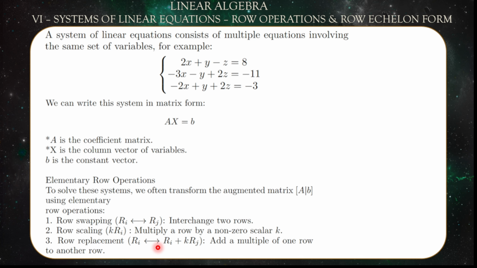Like Ri would be replaced by Ri plus k times Rj. So it is the original row added to a scalar multiplying another row. By line, I often mean row. And the result is replacing Ri, the original row. So we add a multiple of one row to another row.